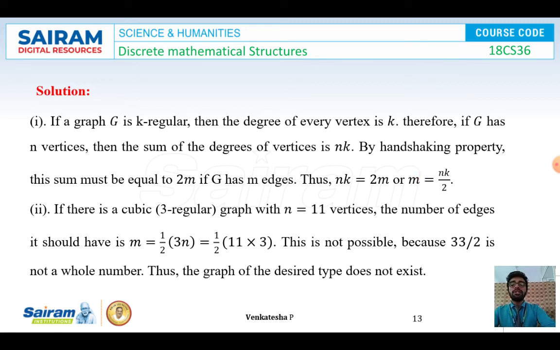So m is equal to 1 by 2 into 3n, which is 1 by 2 into 11 into 3, so it will be equal to 33 by 2. But this graph is not possible because 33 by 2 is not a whole number. So we can't plot a graph with n is equal to 11 vertices for the cubic graph.